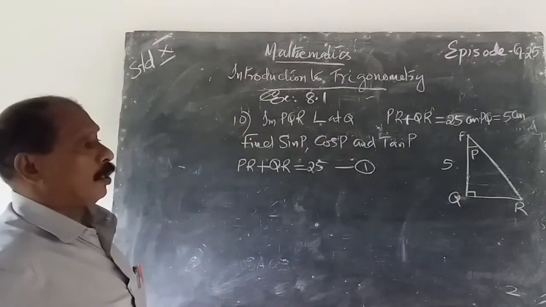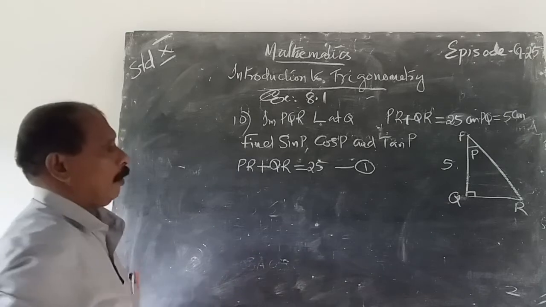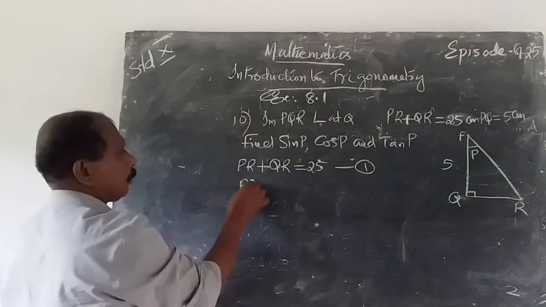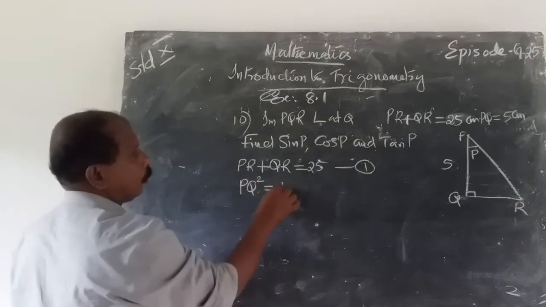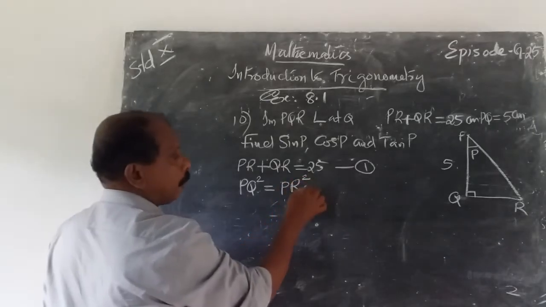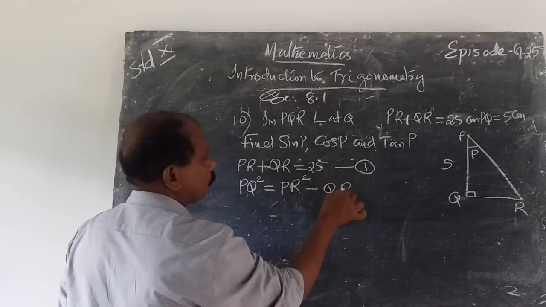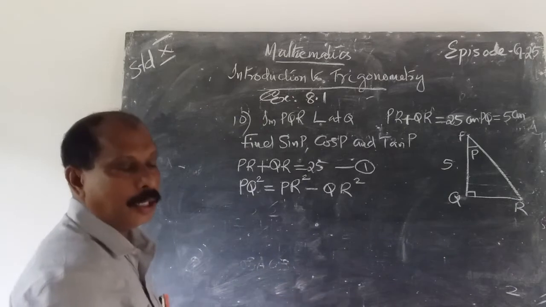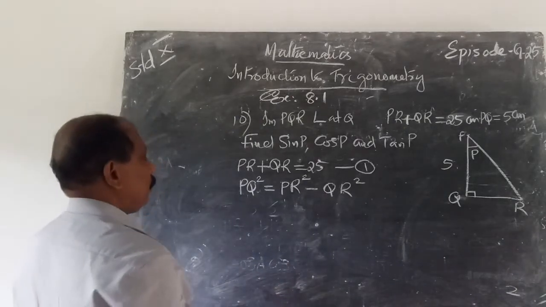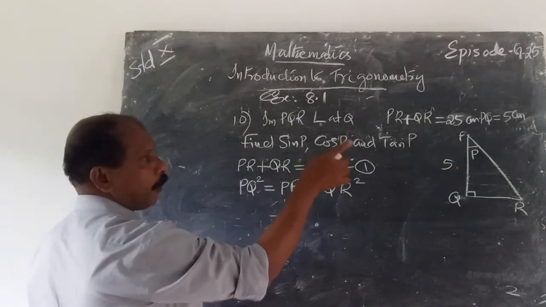Then what is the Pythagorean relation? PQ square is equal to PR square minus QR square. What is PQ? 5.